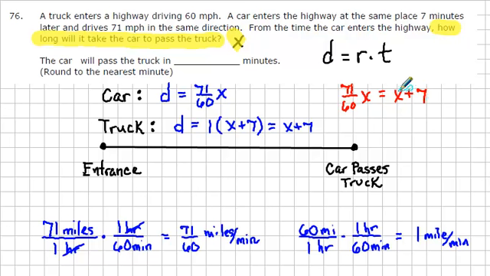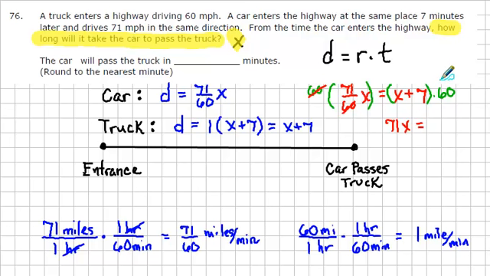And then we solve this equation for x. If you don't feel comfortable working with fractions, you might clear out the fractions by multiplying both sides by 60. So we'll multiply the left side by 60 and multiply the right side by 60. On the left hand side, the 60s divide out, leaving us with 71x.